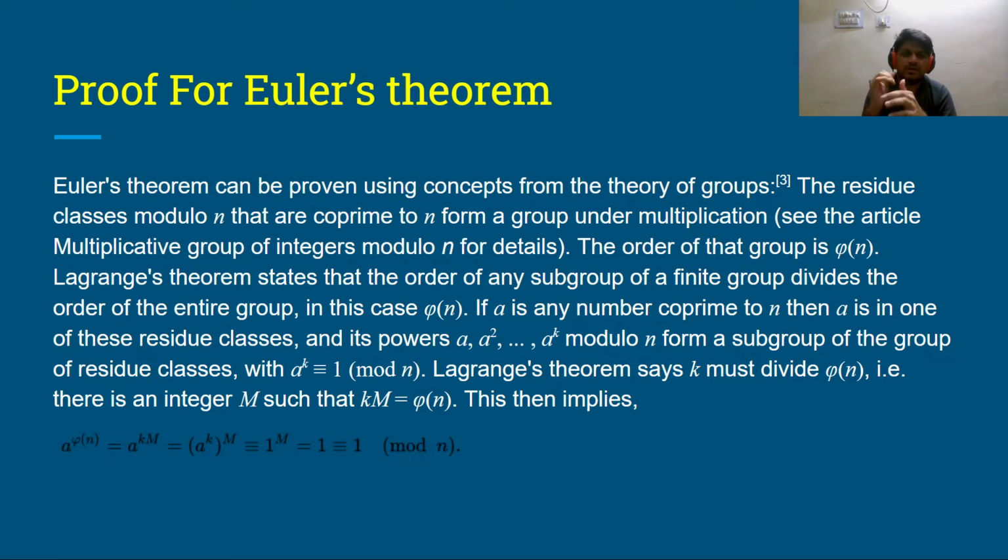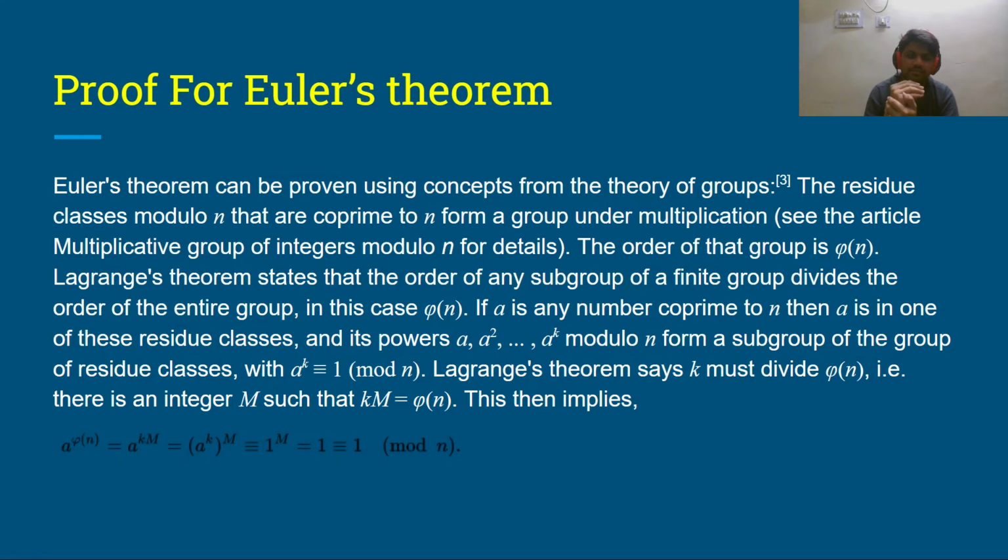Next, proof for Euler's theorem. Euler's theorem can be proven using concepts from the theory of groups. The residue classes modulo n that are co-prime to n form a group under multiplication. The order of that group is phi of n. Lagrange's theorem states that the order of any subgroup of a finite group divides the order of the entire group.